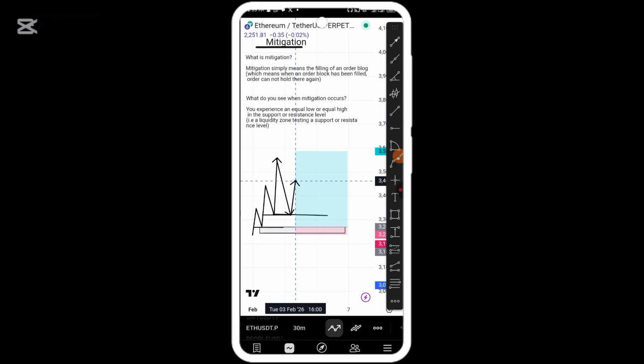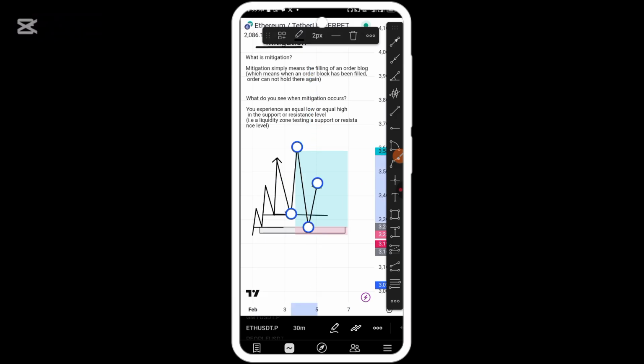Market comes up, then comes down to break this liquidity. Some persons are already sitting here expecting the market to pick up their trade. Market breaks it down, comes to fill this other block, then boom, market goes up, or comes to this level. So this is how to create position.